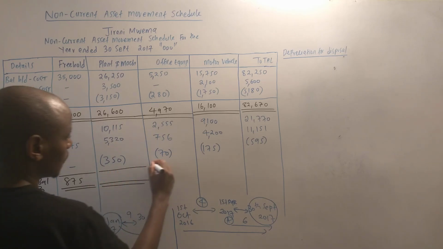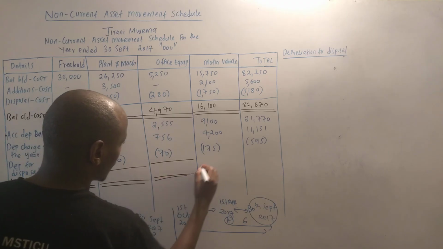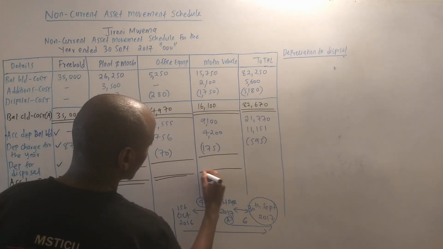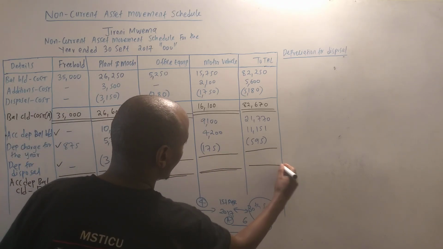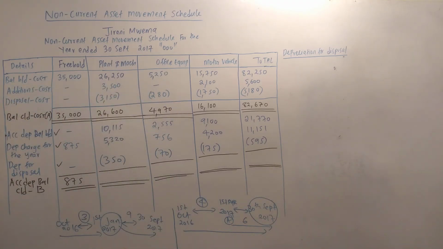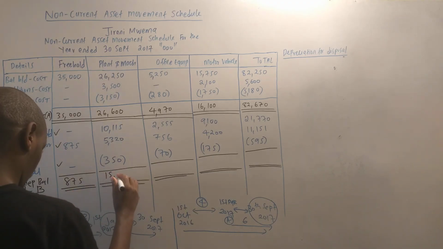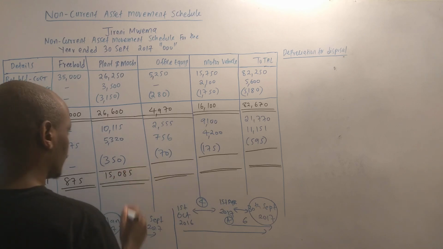What about the rest? We can say 10,115 plus 5,320 minus 350, that is 15,085.